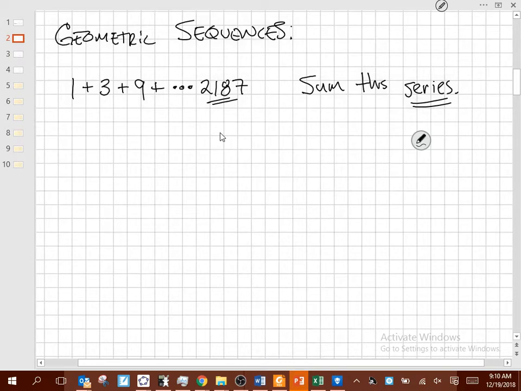Now if I want to sum a geometric sequence or series, yesterday we talked about the fact that S sub n, of a finite list, is going to be a sub 1 times the numerator 1 minus r to the n over 1 minus r.